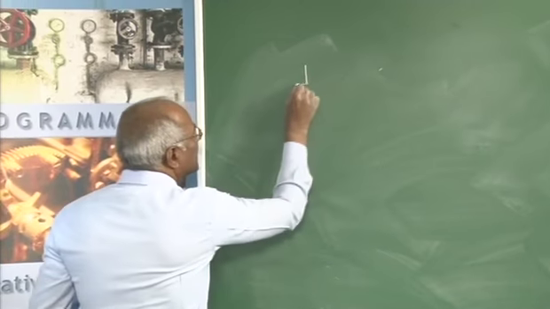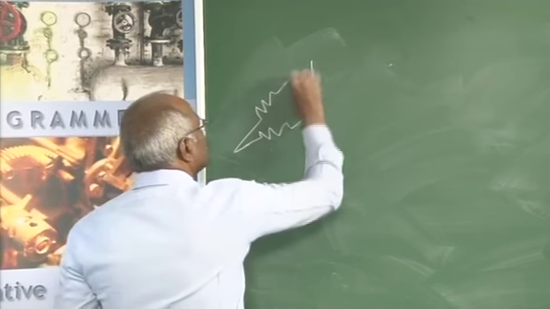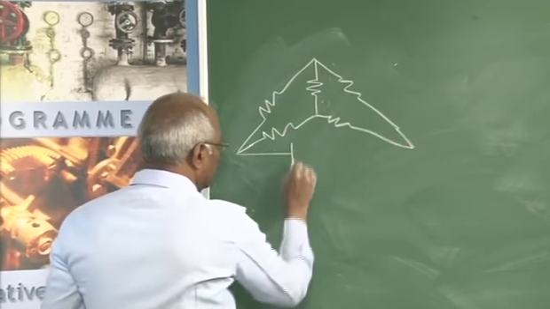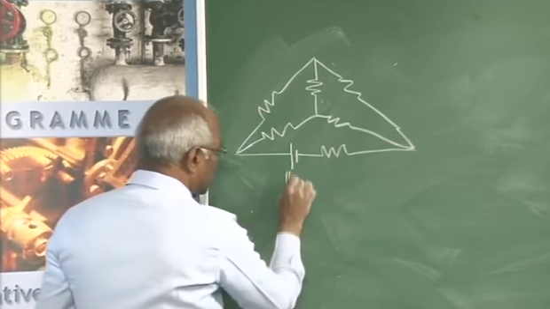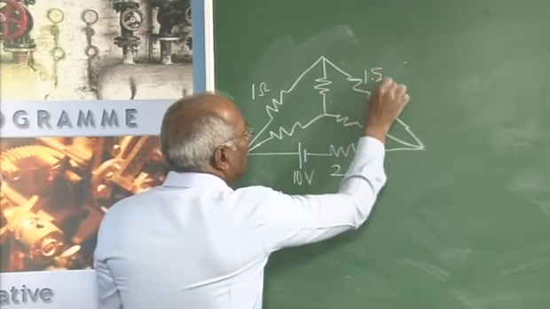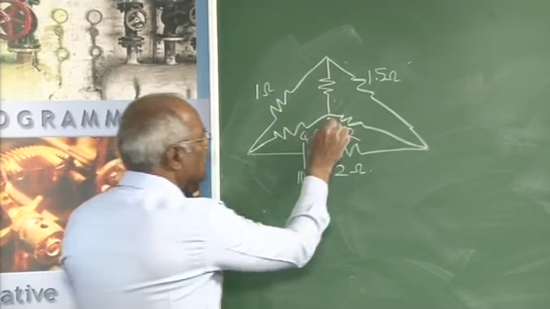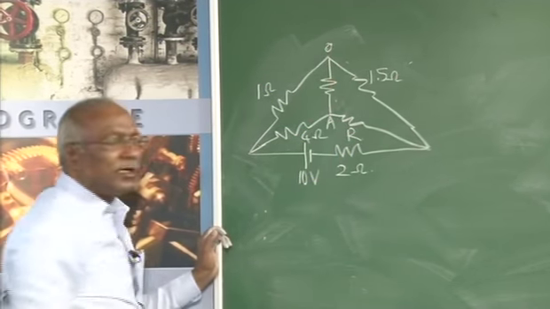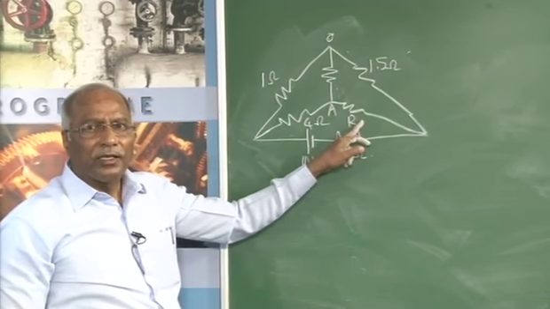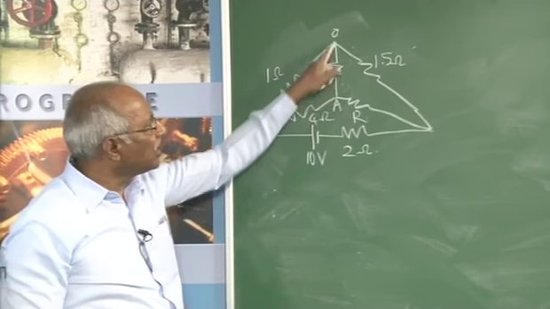The circuit given is this: this is 10 volts, 2 ohm, this is 1 ohm, 1.5 ohm, this is 4 ohm, this is R. This is A, this is OA, it can even be interchanged. Find the value of R, that is nothing but this one, and the current flowing through it in the circuit shown when the current in the branch OA is 0.